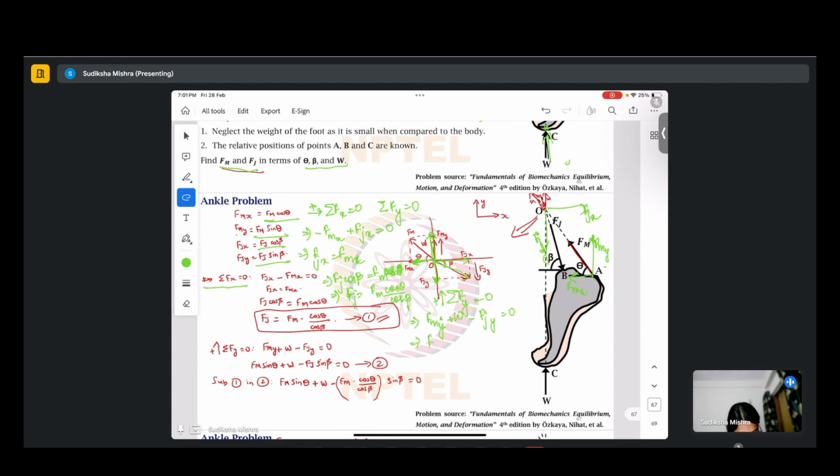So Fmy is Fm sin theta plus w minus Fjy, which is Fj sin beta, is equal to 0.